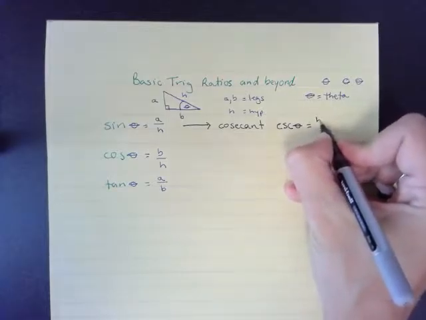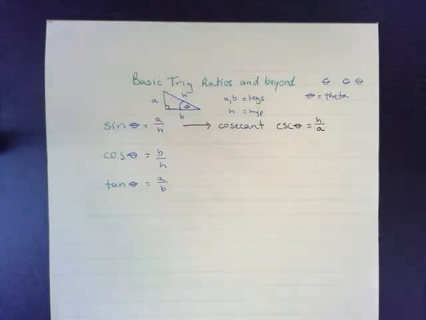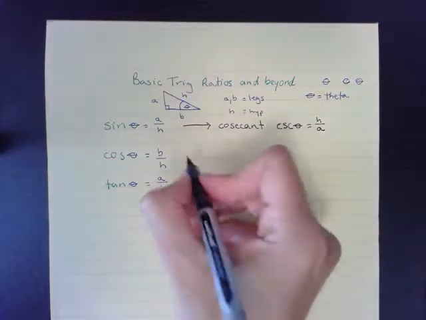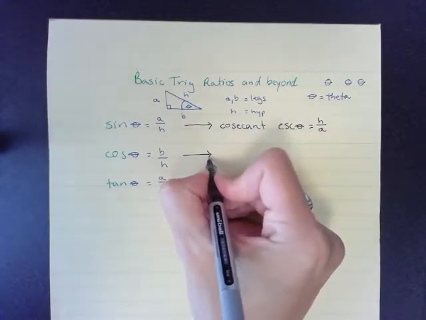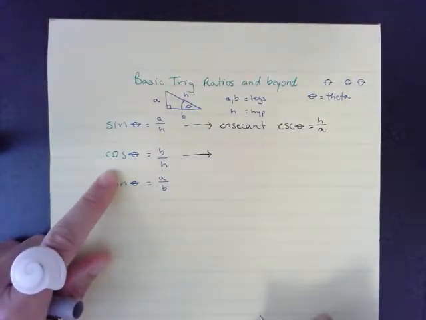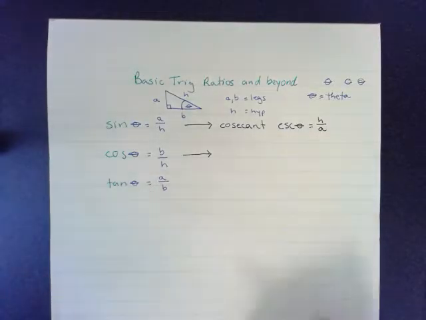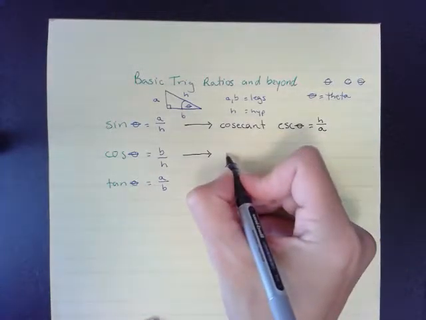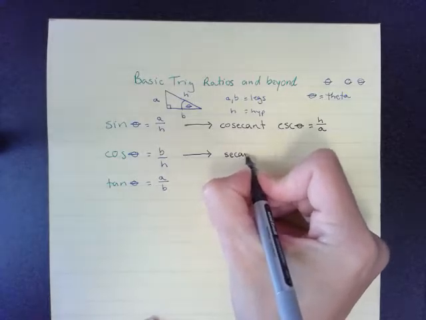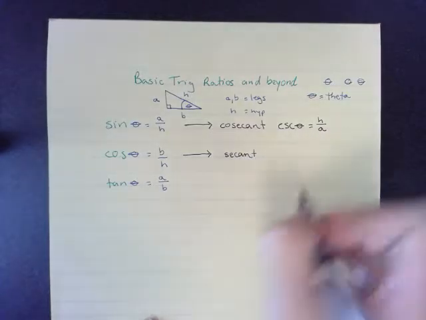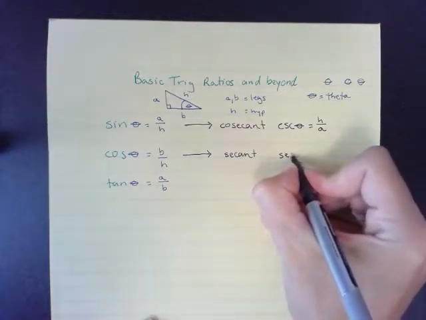So we know that reciprocal is when you flip the fraction. We have a reciprocal function of the cosine ratio, and that's called the secant ratio. And we symbolize that as SEC.